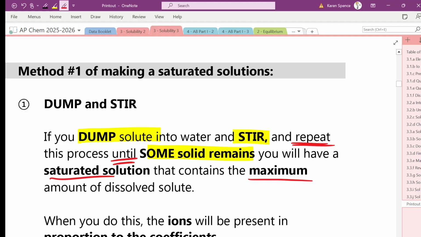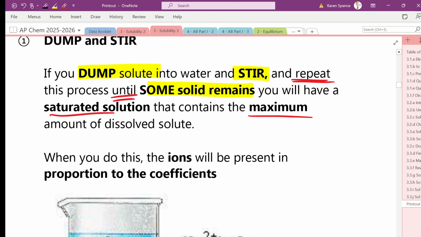When you do this, it means that the ions are going to be present in that X to X or X to 2X concentration. Okay, so the ions are present in proportion to the coefficients.